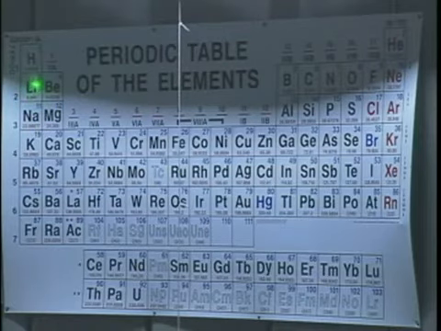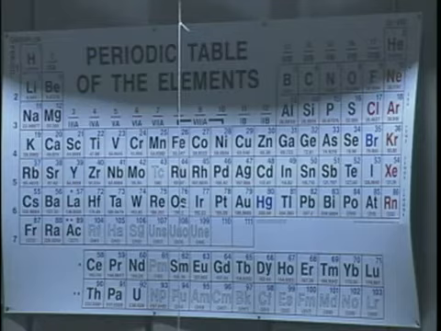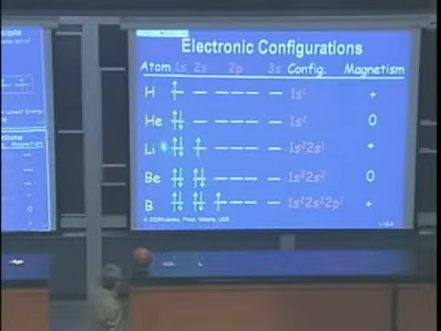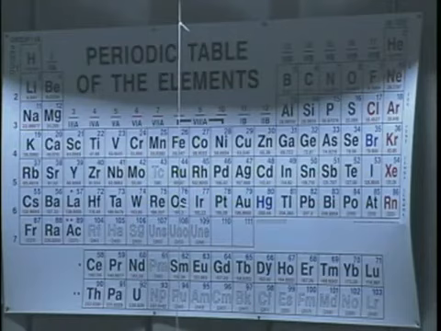The first element is lithium. Lithium has 3 protons, is element number 3. So if it has 3 protons, it's got to have 3 electrons to be a neutral atom. That means the 1s2 is filled. And so we have a helium configuration that must be 1s2.